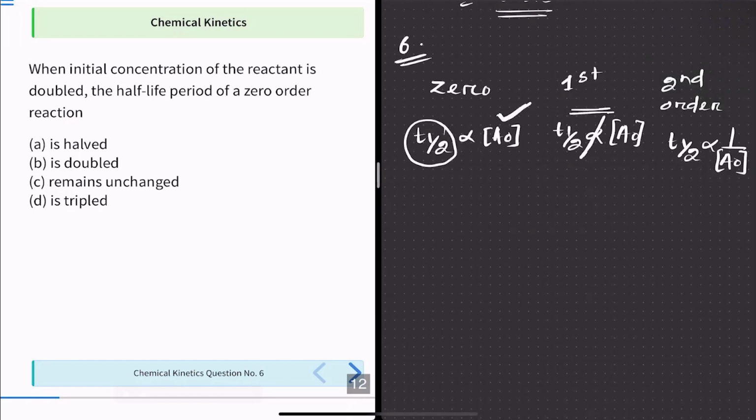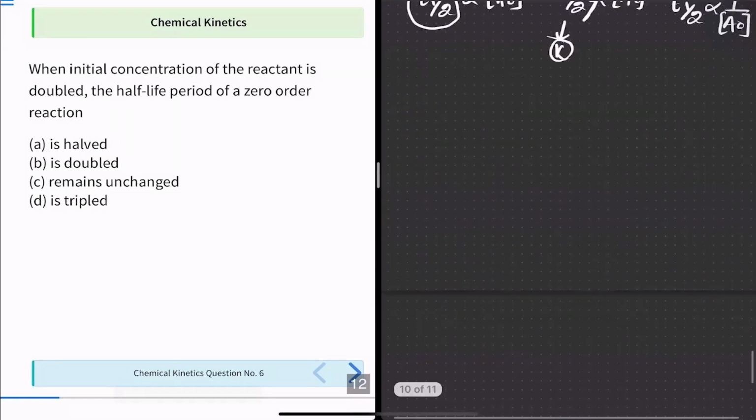For first order reaction, if you increase the initial concentration, the T half would remain constant. It only depends upon the value K, means rate constant. For second order reaction, if you increase the initial concentration value, then T half would decrease.